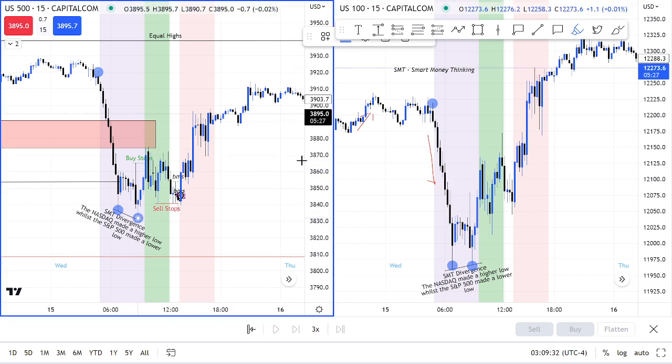So that's the divergence, or the cracking correlation. The S&P 500 went a little bit lower, while the Nasdaq, or the US 100, went a little bit higher at the same time. That's just the start of the morning.